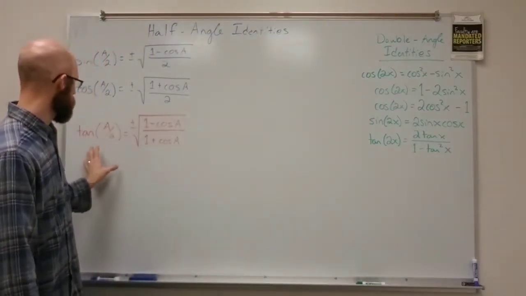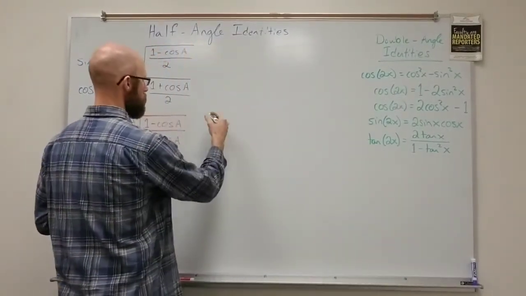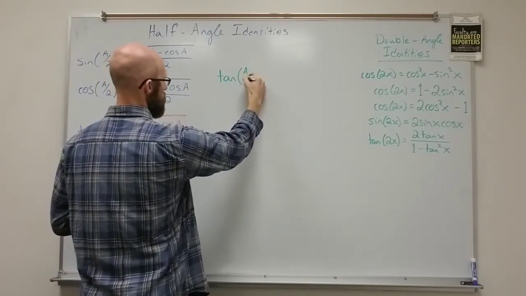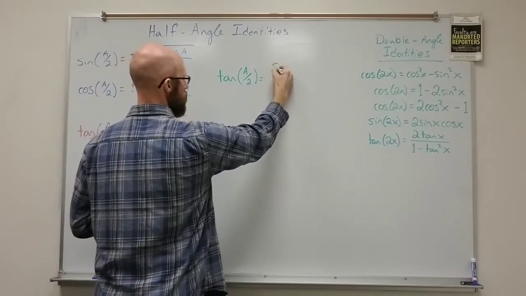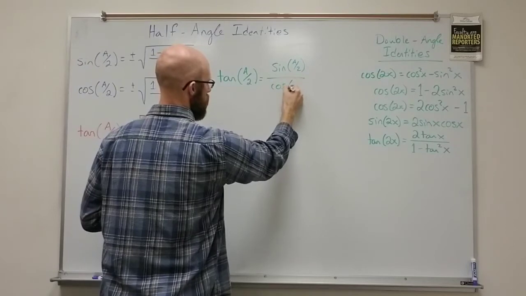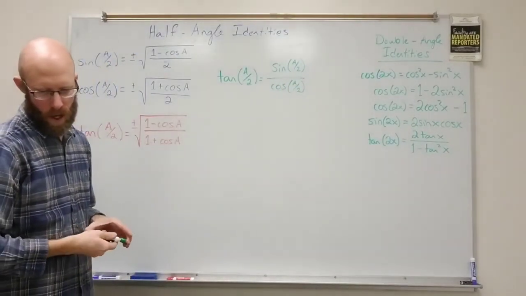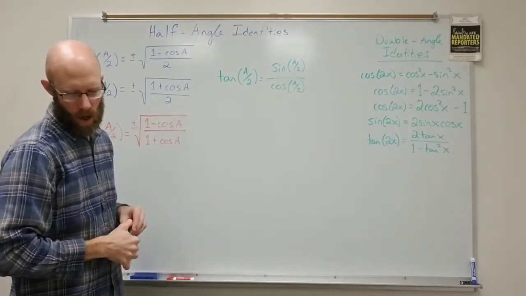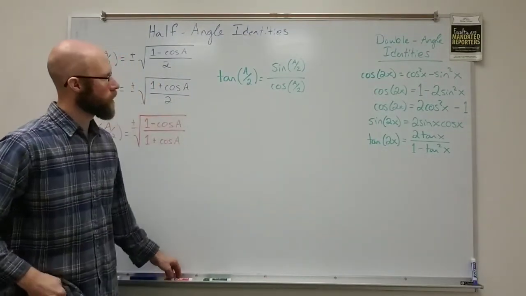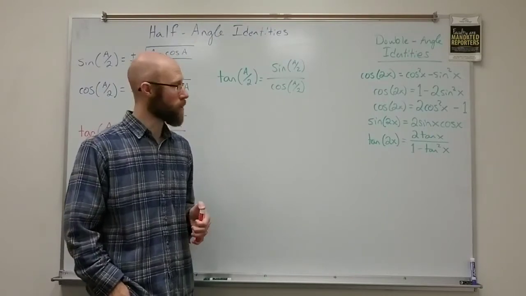Now there are other formulas for the tangent. So let's take a look at those. The first one is again to start out with the tangent of a over 2 being equal to the sine of a over 2 over the cosine of a over 2. All right. Now, I'm going to make kind of a strange, clever algebra trick here.